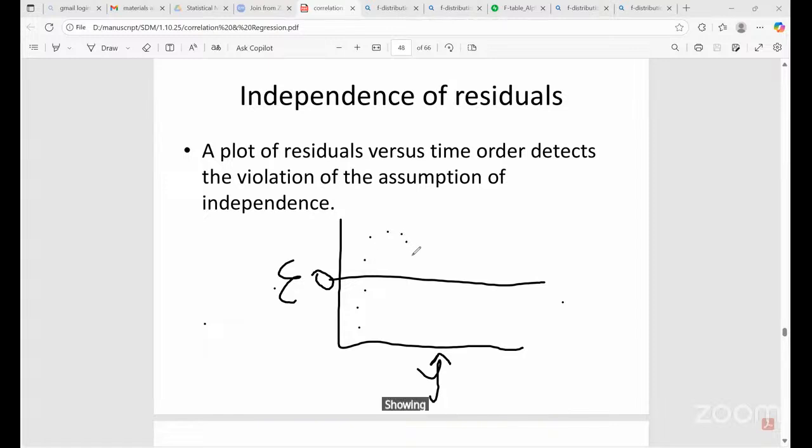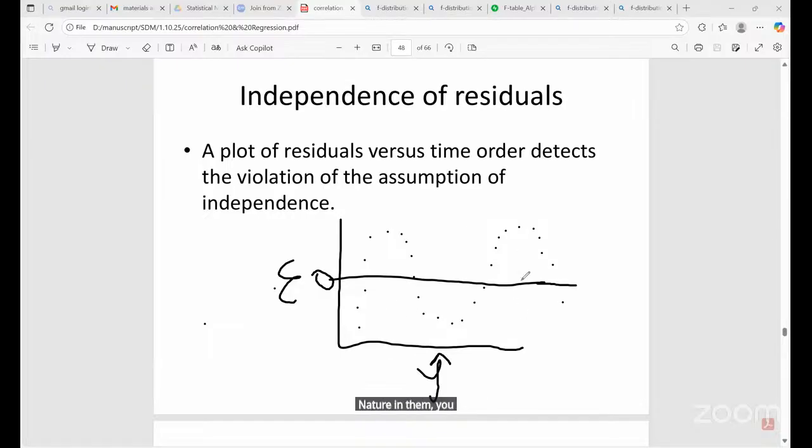showing that we have peaks and troughs in your data. It implies that the residuals are correlated, and we should run a time series, something like that. So residuals have a time series nature in them.